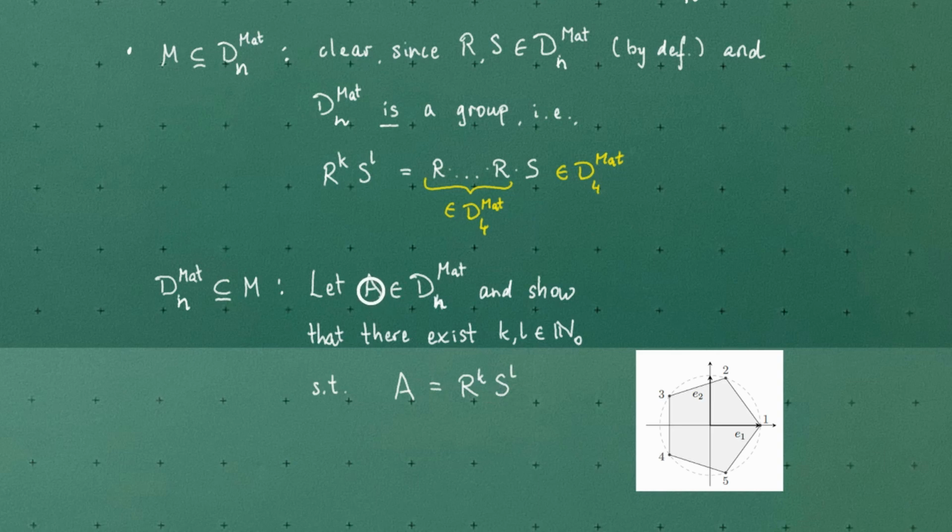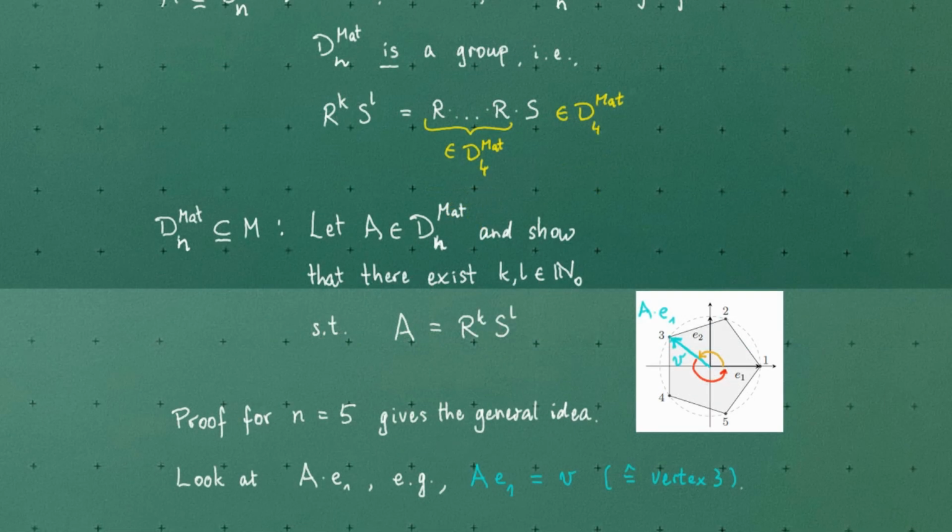That means for every matrix A, we have to find natural numbers, including 0, k and l, such that A can be written as r to the k times s to the l. Actually, l being 0 or 1 is enough, and k runs from 0 to n minus 1, but that doesn't really matter here. So this is harder because we have to actually show how we come from this element to k and l.